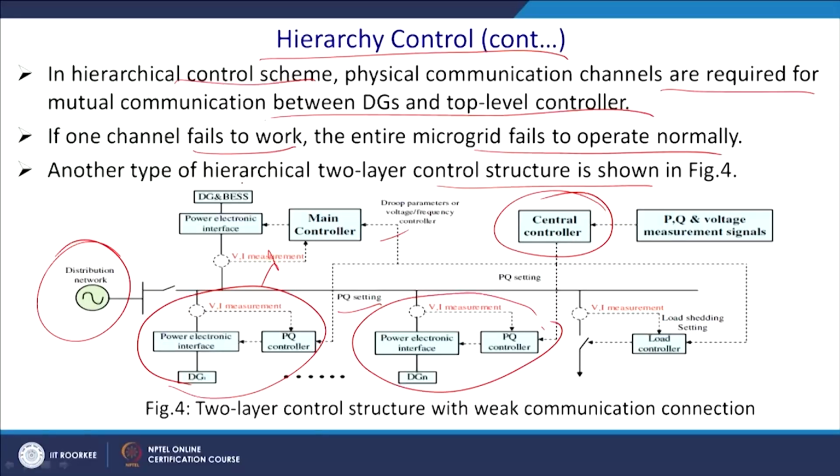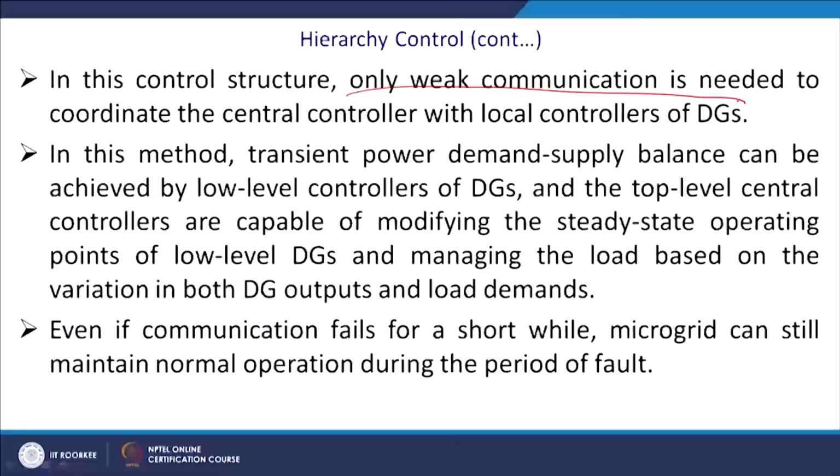Some will be given a task of PQ control and others, some will be given the load shedding scheme, and they will talk with each other definitely sometimes, but the task is segregated, and if one channel fails, still you can operate this microgrid and still you persist to keep operating. In this control structure, weak communication is needed. So, you do not have to take a very fast bandwidth communication to coordinate the central controller with the local controller of the DGs.